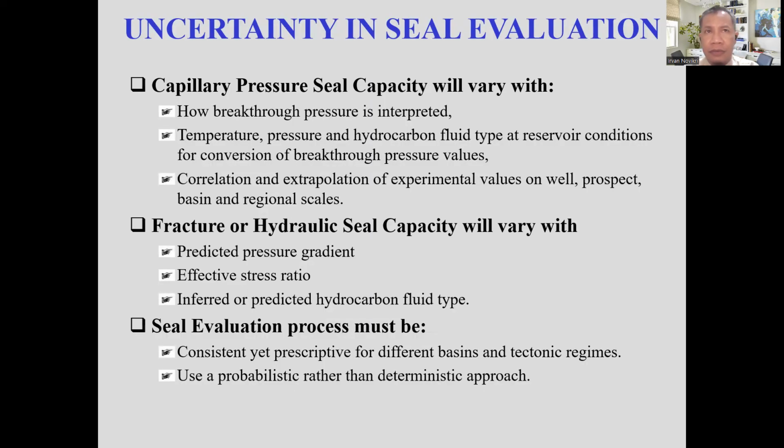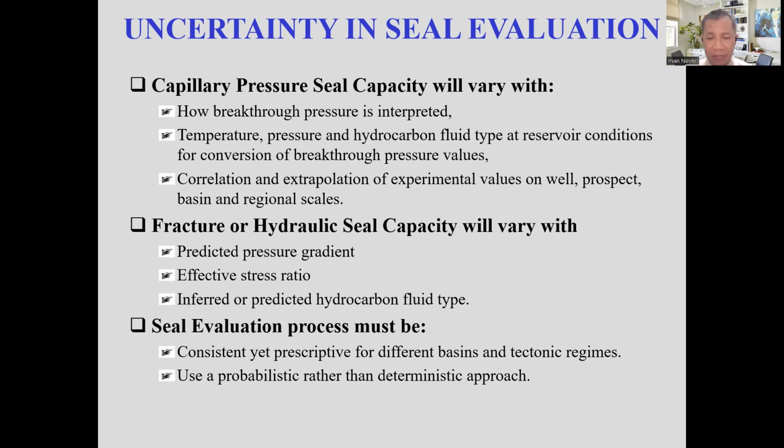So, the concept of uncertainty in shale evaluation refers to the variability and lack of precision in assessing the sealing capacity of geological formation in the context of oil and gas.